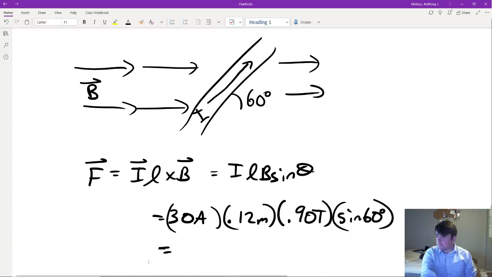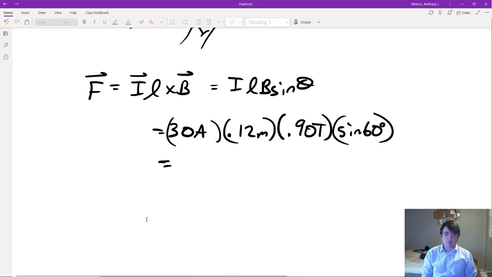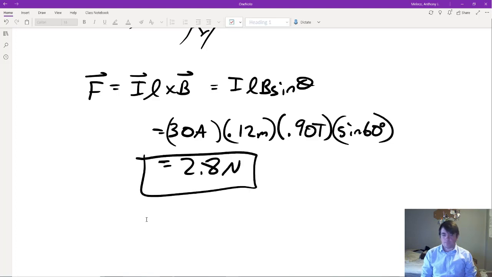So you plug all that in. What do you get? I got 2.8, and if you use all the standard units here, you'll be left with 2.8 newtons. Okay, it's really storming out there.